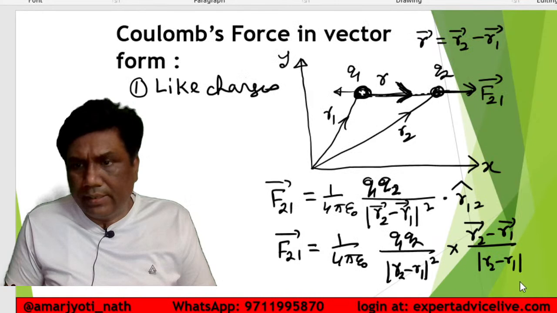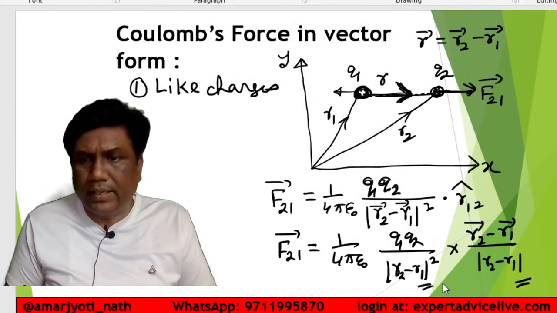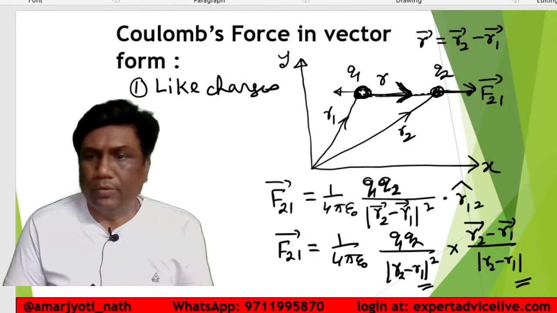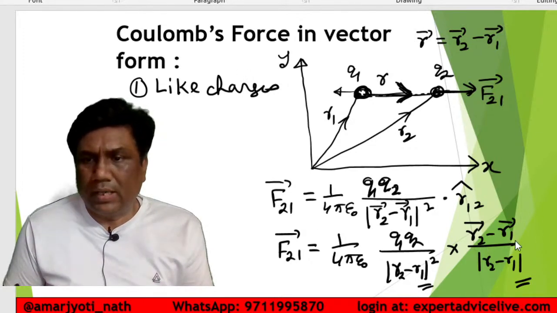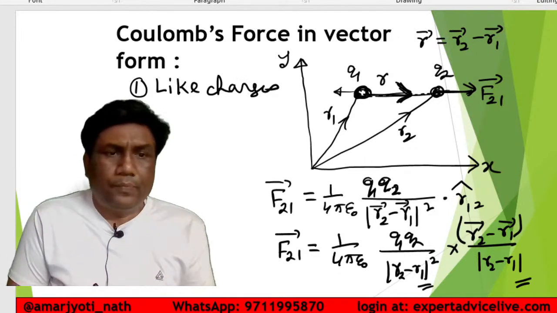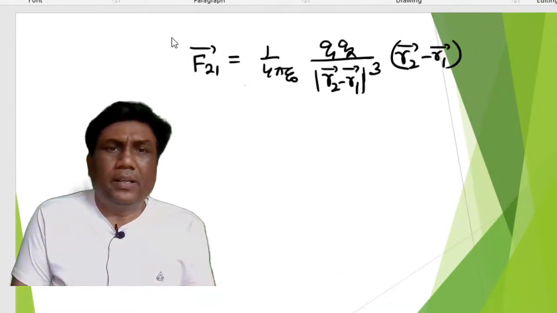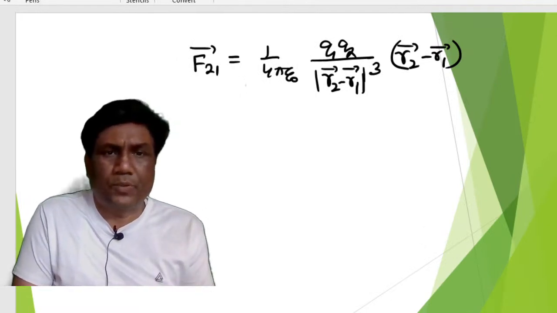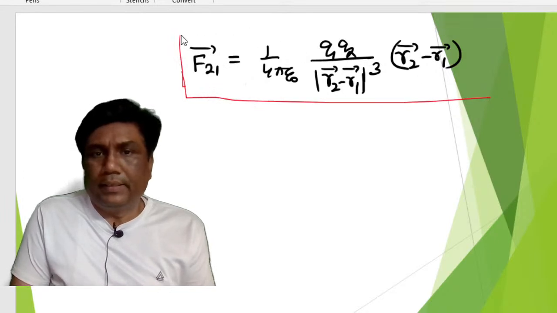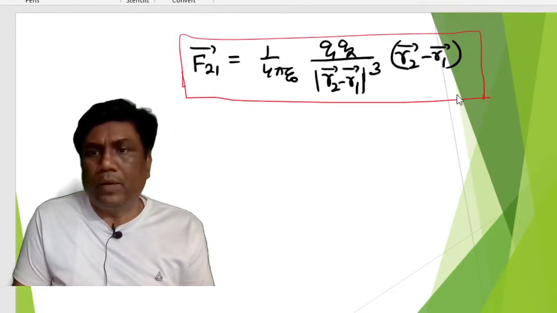Because here you see, here also R2 minus R1, and here it is R2 minus R1 whole square, no? So altogether it will be R2 minus R1 whole cube, and the numerator is what? R2 minus R1 vector is already there. So for calculation purposes, this is the best expression for numerical problem solving. This is the force on 2 by 1.